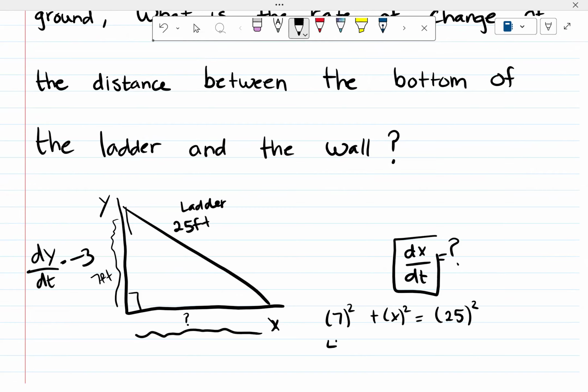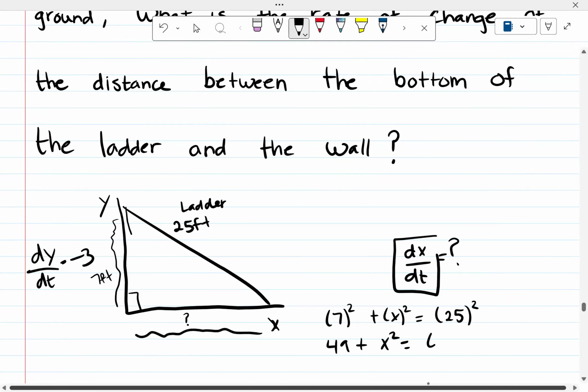So 7 squared is 49, x squared is x squared, and 25 squared is 625. Then solve for x.